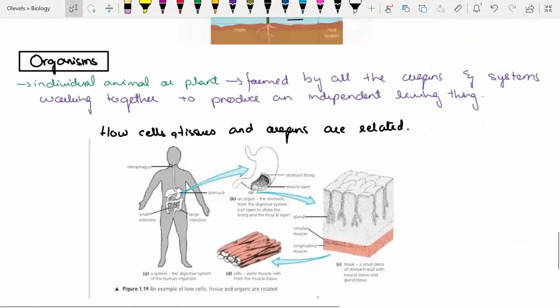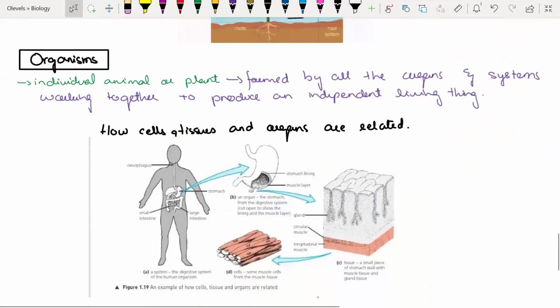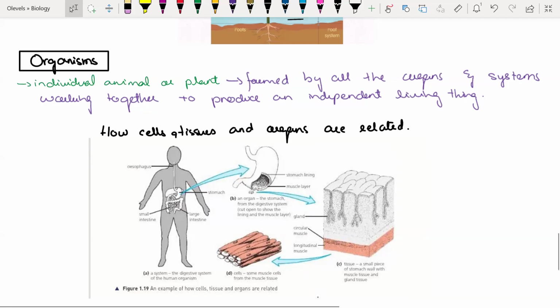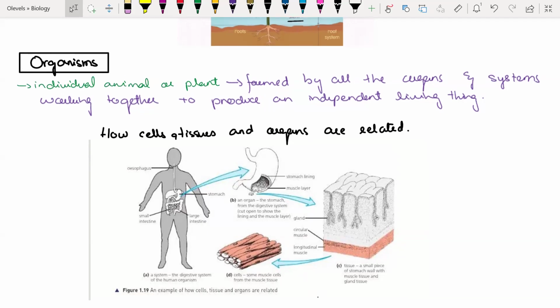right? Then comes the organism. Now, all these different kinds of organ systems contribute to making a whole new individual. In the case of organisms, we know these individual animals or plants are formed by all the organs and organ systems that are working together to produce an independent living thing.